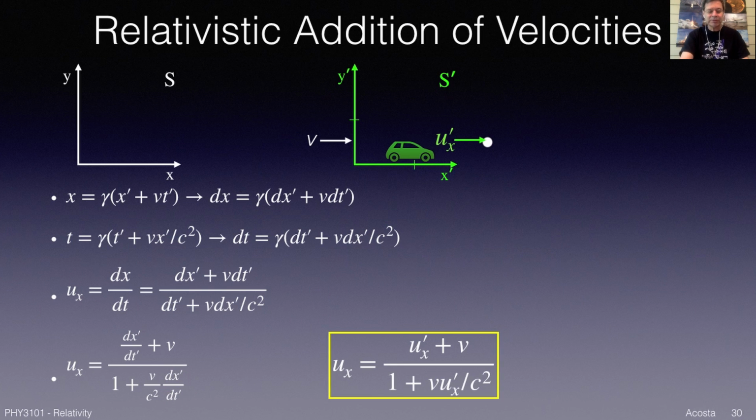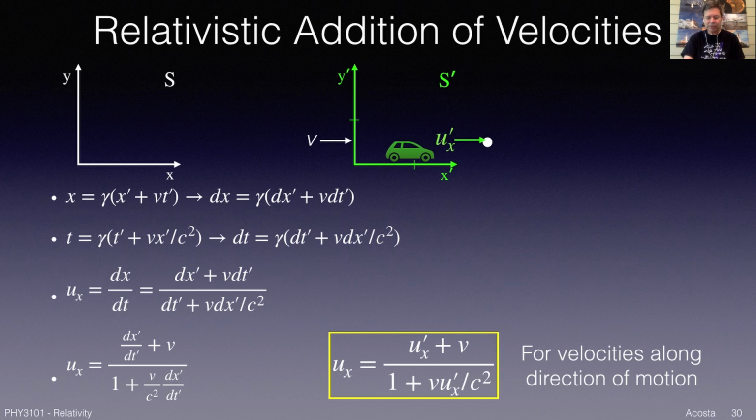And that's going to give me this equation, u of x is u of x prime plus v, because that's the definition of dx prime over dt prime, divided by 1 plus v over c squared times u of x prime. That is how velocities transform from one reference frame to another, taking into account special relativity, at least for velocities along the direction of motion.